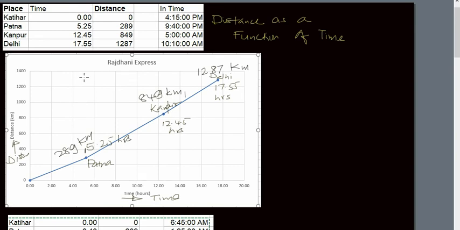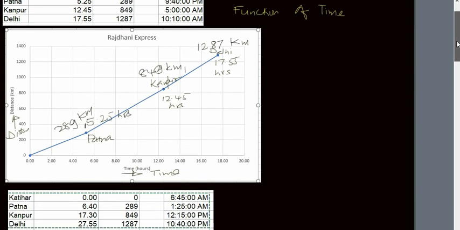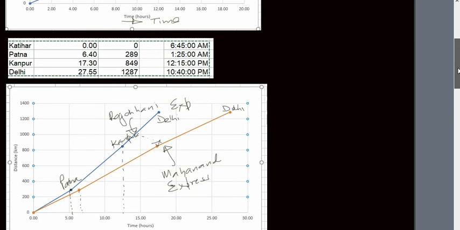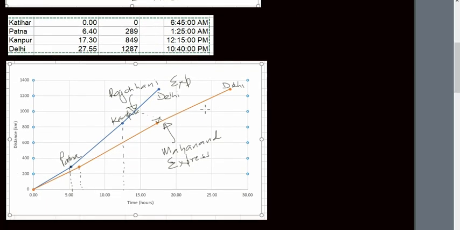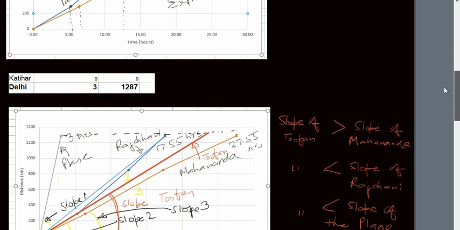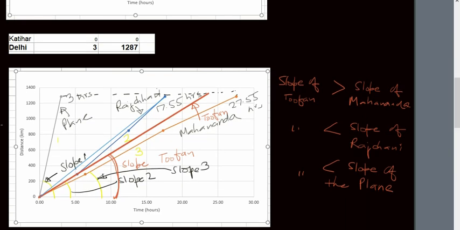So this is Rajdhani Express. As time increases, you cover more distance for Rajdhani. Then we plotted another train, Mahananda, that takes longer to reach Delhi. And then we created a plot for a plane which gets to Delhi in 3 hours.